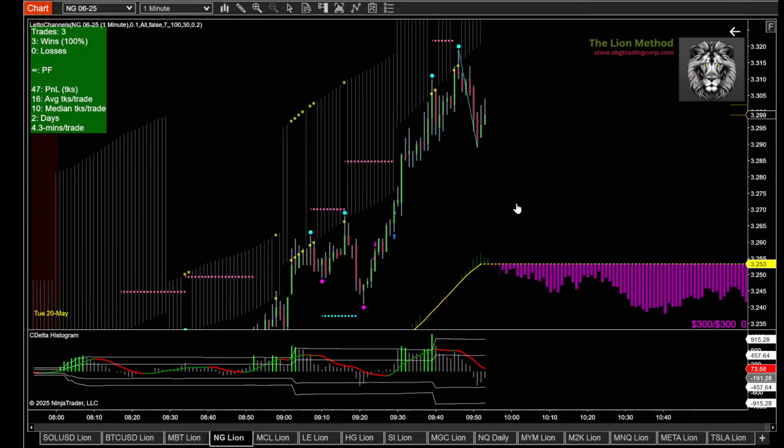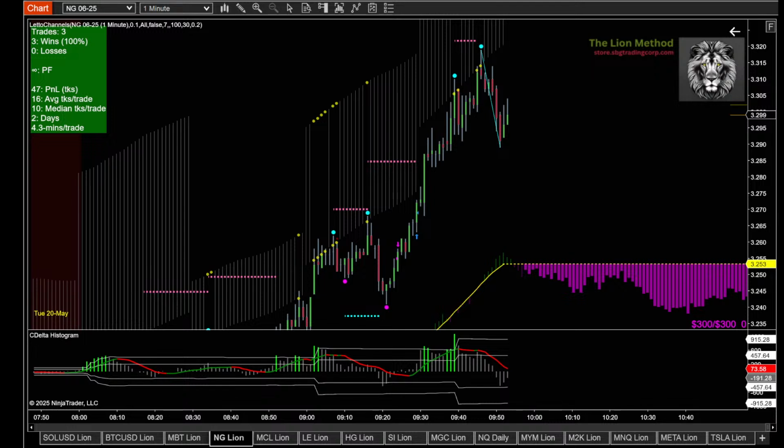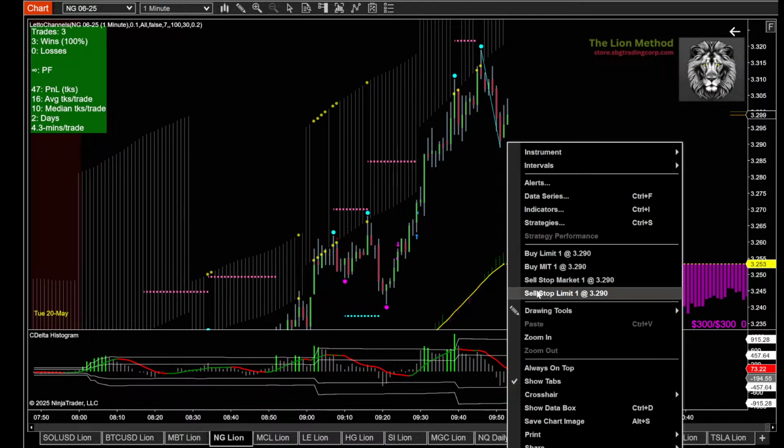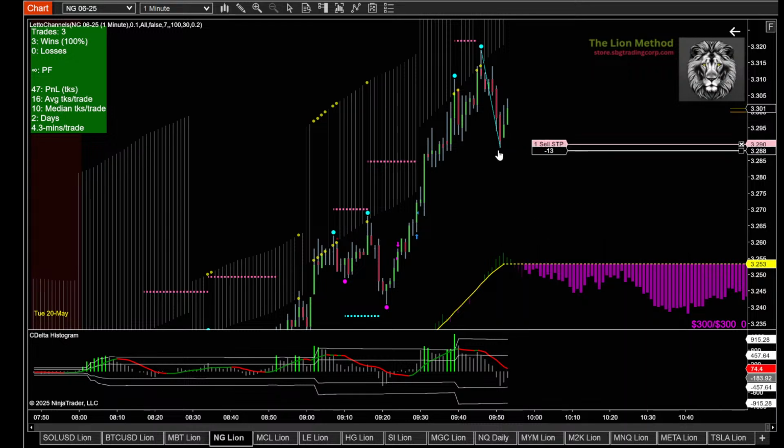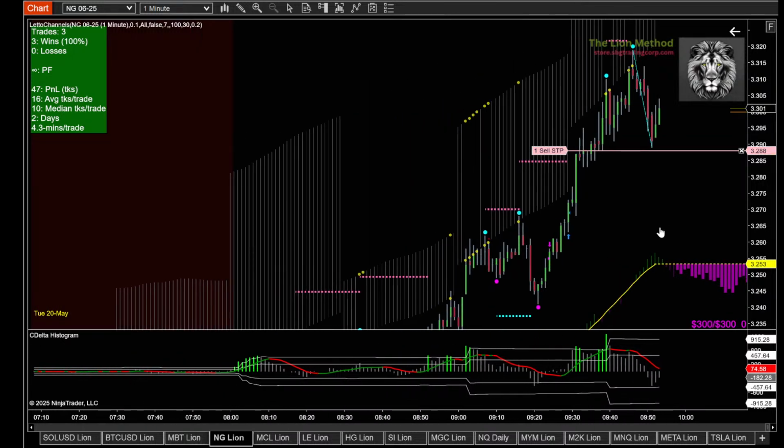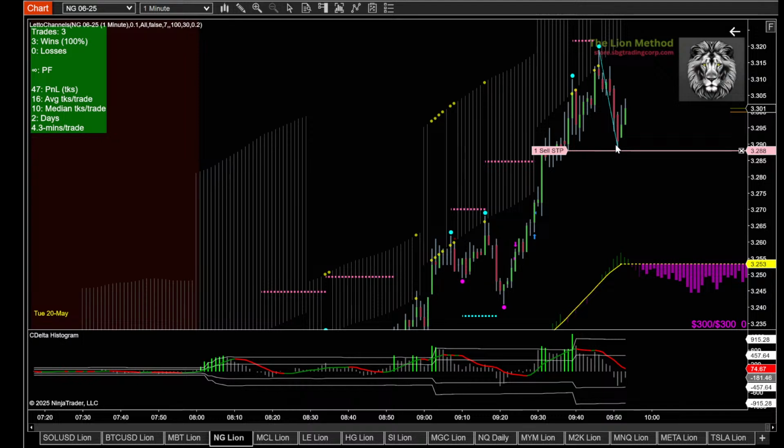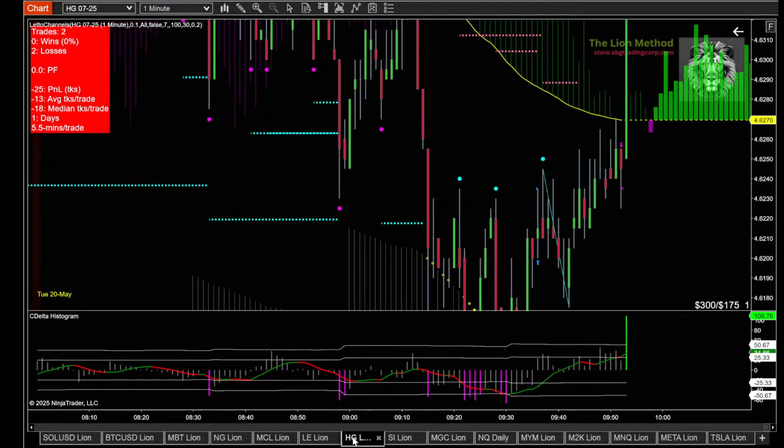So our risk is 300, so we're just going to trade one contract, go short, sell stop market. We'll go right below that level. So there is a sell order in natural gas, gas of the natural variety.